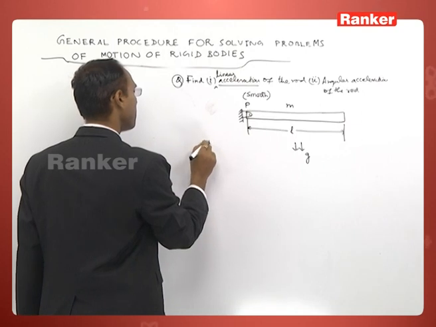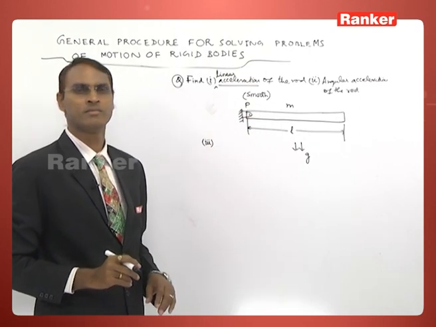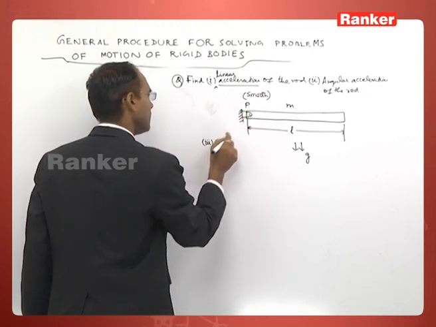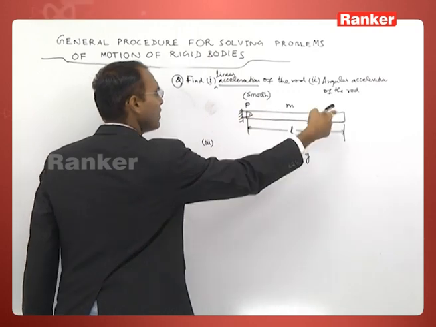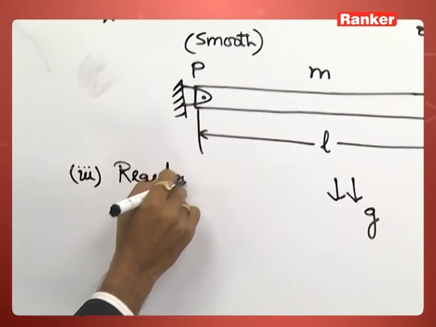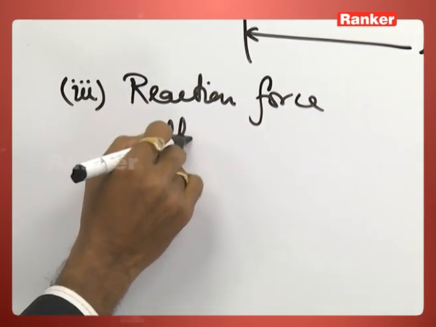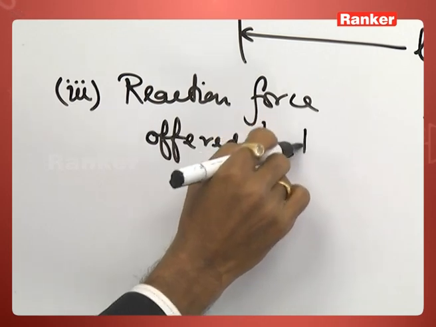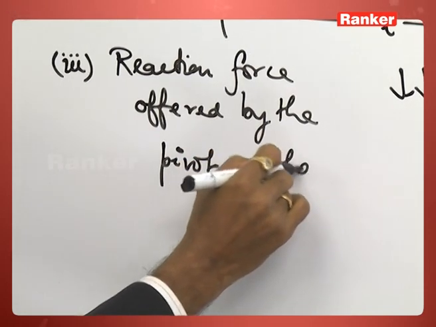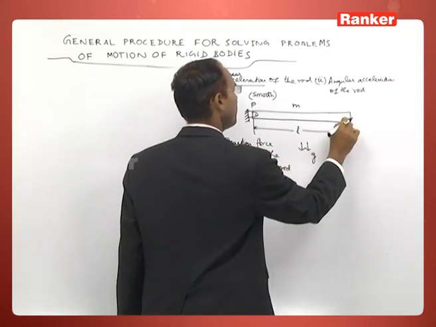Furthermore, at the given position, you can also calculate the reaction force offered by the pivot on the rod, and the rod is uniform.